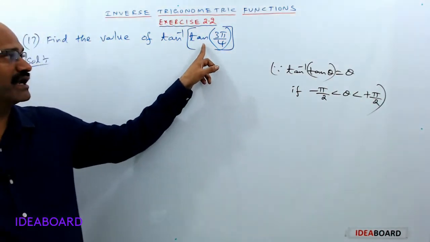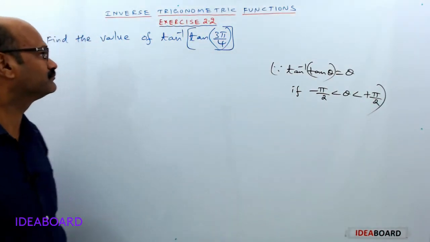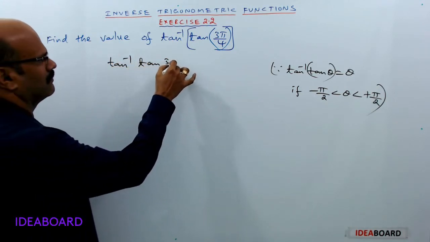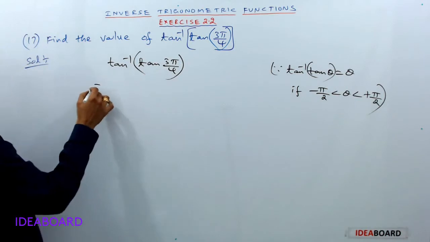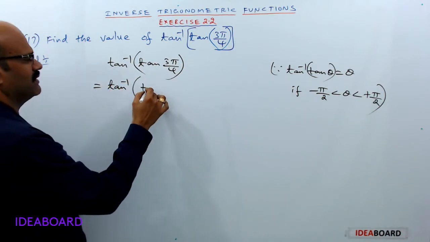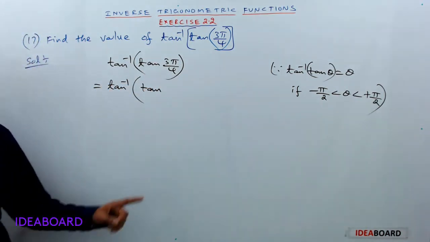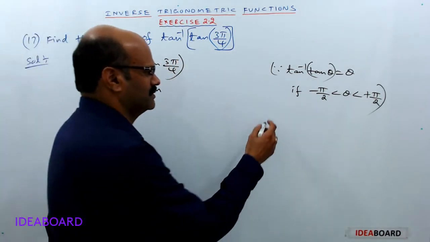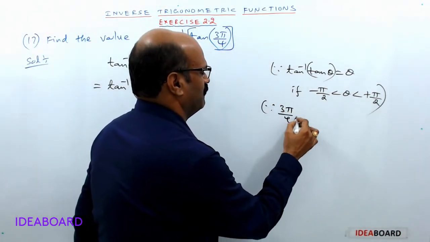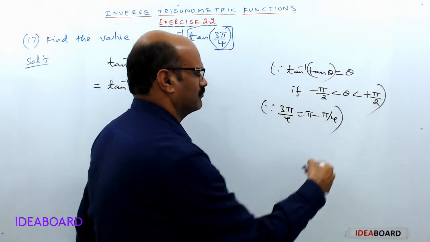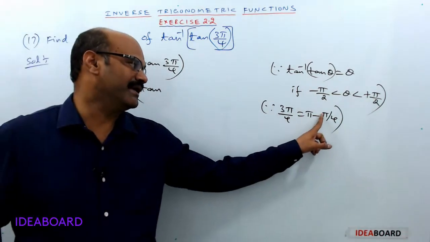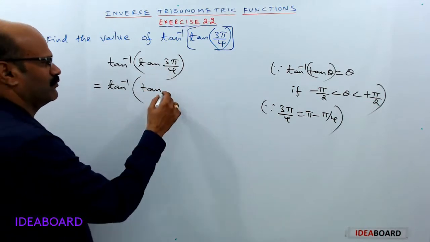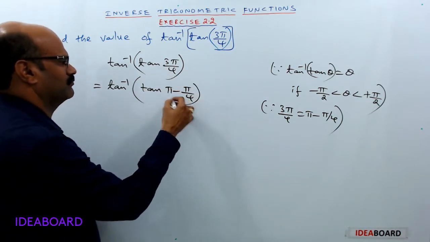So tan inverse of tan of 3 pi by 4 can be taken as pi minus pi by 4. Since 3 pi by 4 equal to pi minus pi by 4.